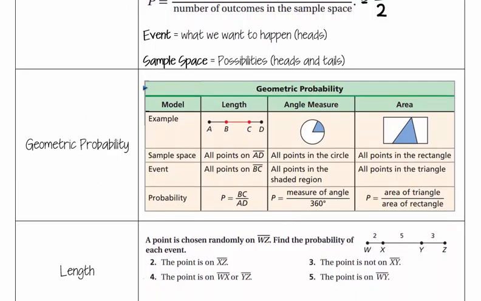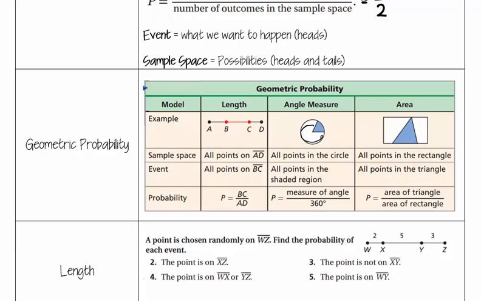So here's what we're going to use for geometric probability. You're either going to find it for length, for angle measure, or for area. For length, the sample space is going to be all the points possible. The event is going to be the points that we want, and to find the probability, we're just going to divide. Angles are a little easier because every angle has a circle.